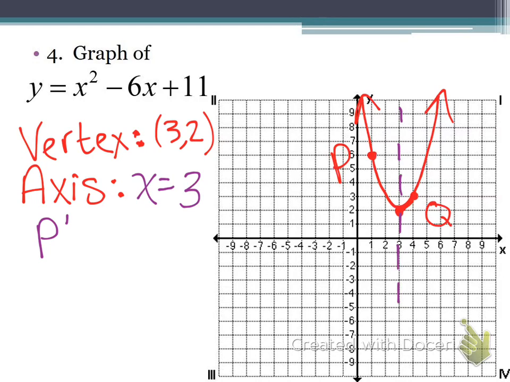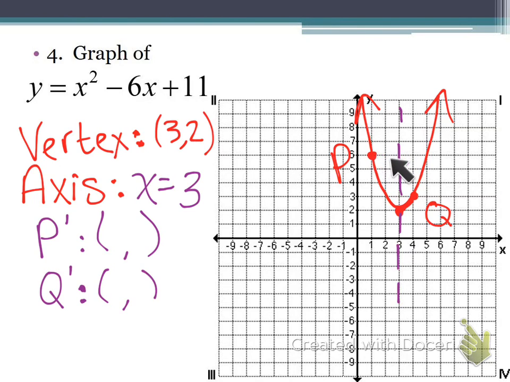All right, finally we want to identify what P prime and Q prime should be. I have not plotted those points yet at all. We are going to have to find them using our axis of symmetry. So if we start at point P, how many spaces horizontally from our axis of symmetry is point P? 2, right?